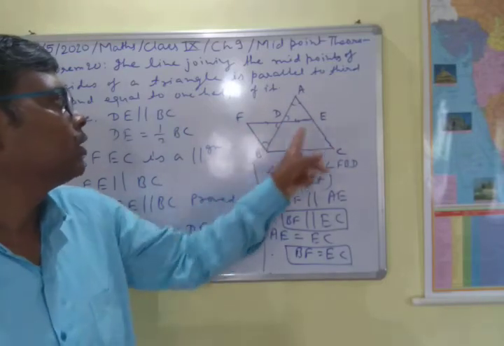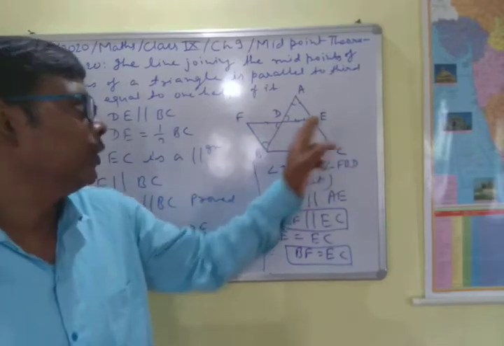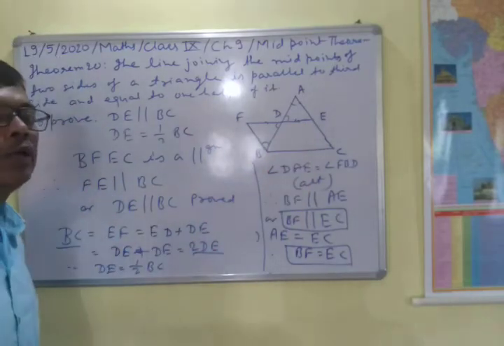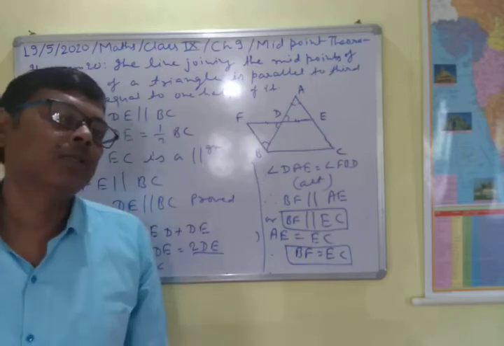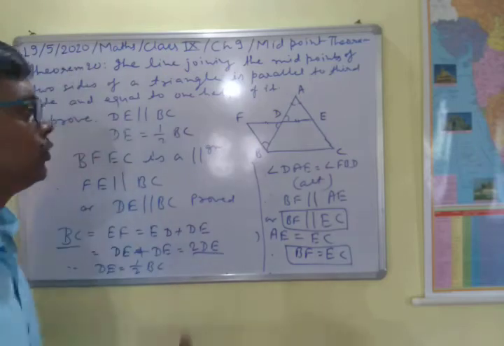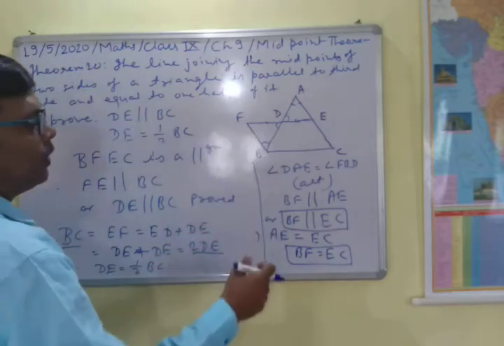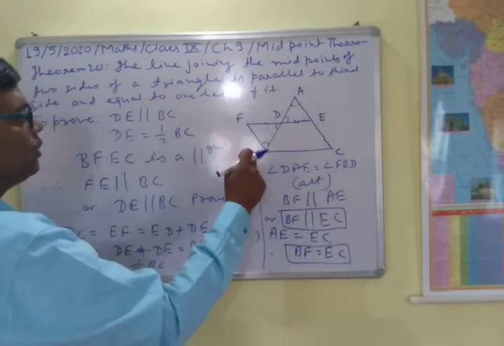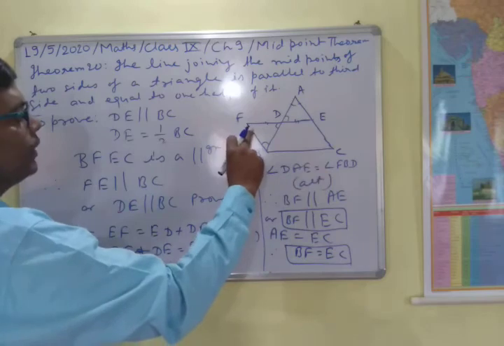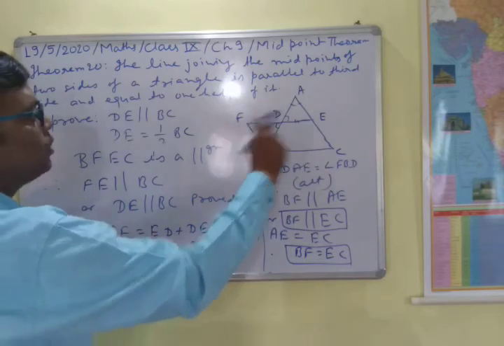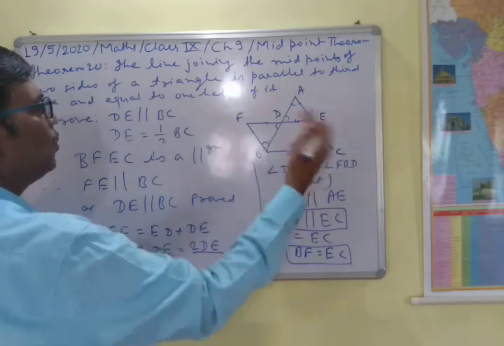So this and this are parallel, and these are also equal. So when one pair of opposite sides of a quadrilateral is parallel and equal, then this will be a parallelogram. So that theorem was used here. By using this, we will say that BFEC is a parallelogram, and when this is a parallelogram, then FE parallel to BC or DE parallel to BC.